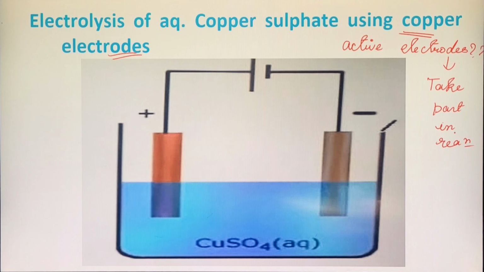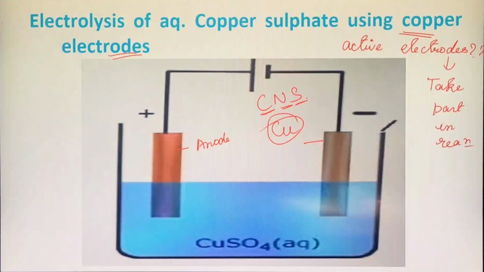Their only work is not to get the ions discharged. Instead, this anode and cathode are made up of copper. Anything that is made up of C, N and S. What is C? Copper. N? Nickel. S? Silver.